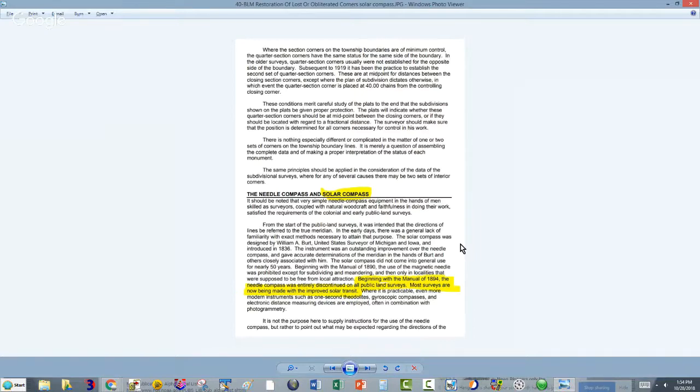They began to use an attachment called a solar compass, which would keep them on a true north-south line. And they could actually rely on the sun to help them with determining those directions.